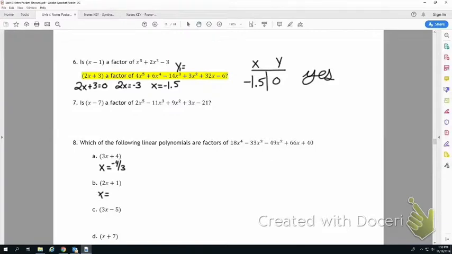Then you can type in negative 1/2 and see what it gives you, and so on. You can get the list of just the y values you need. You don't need to look at the whole table. You just need the y values that match up with these x values. If it's 0, then that is a factor. If it's not 0, then it's not a factor. Questions on any of this stuff?